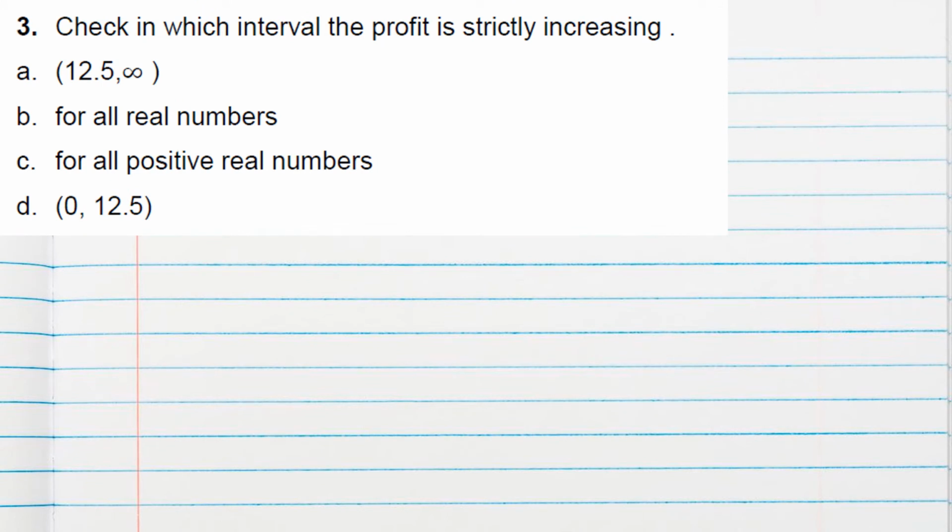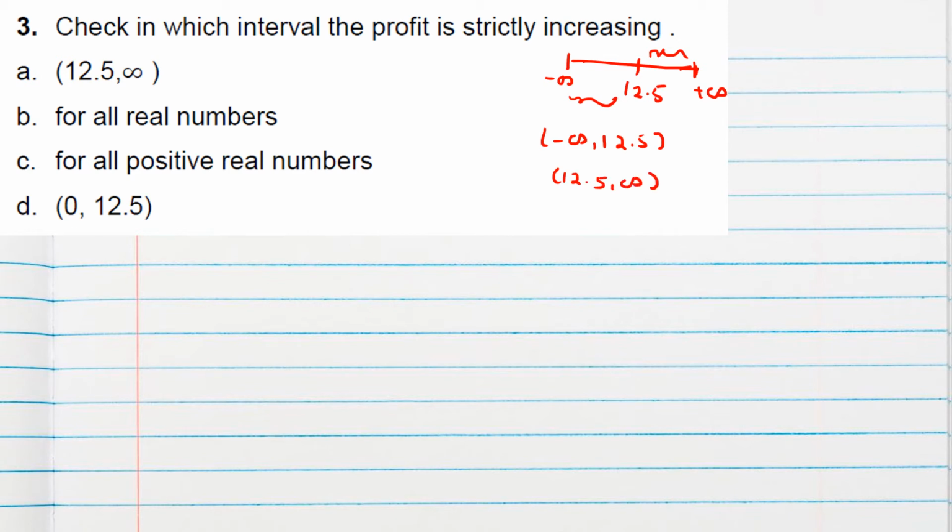Next question is, check in which interval the profit is strictly increasing. So now we know that at 12.5 profit is maximum. So if we split the real numbers into two intervals, we will get minus infinity to 12.5 and 12.5 to infinity.